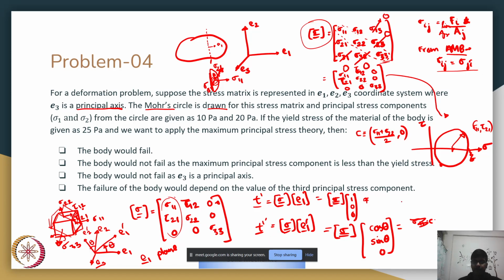With this traction, if I now want to calculate the normal stress sigma 1 dash, it would be T1 dash dot E1 dash, and I get a relation which would essentially be sigma 1 1 plus sigma 2 2 by 2 plus sigma 1 1 minus sigma 2 2 by 2 cos of 2 theta plus tau 1 2 sine of 2 theta.